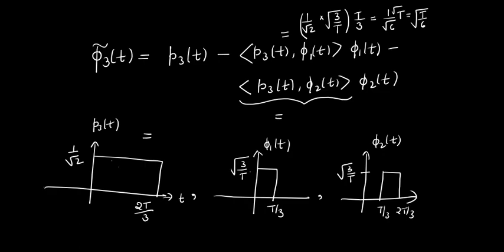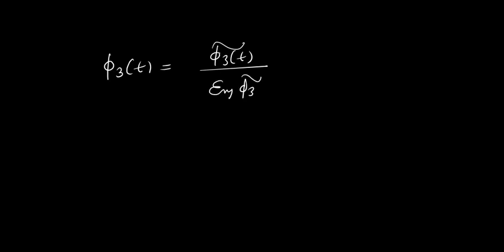And similar I think would happen to this, because it means your P3T has this much amount of phi1t, this much of phi2t, and the rest is whatever rest is here, right? So phi3t will be phi3 tilde t divided by energy of phi3 tilde t.